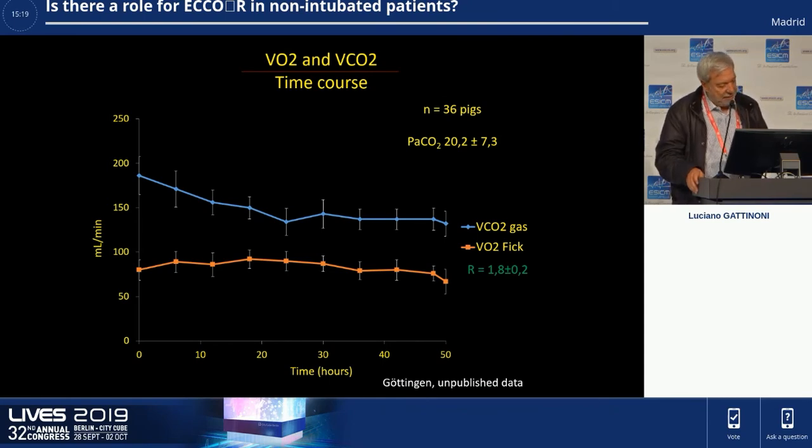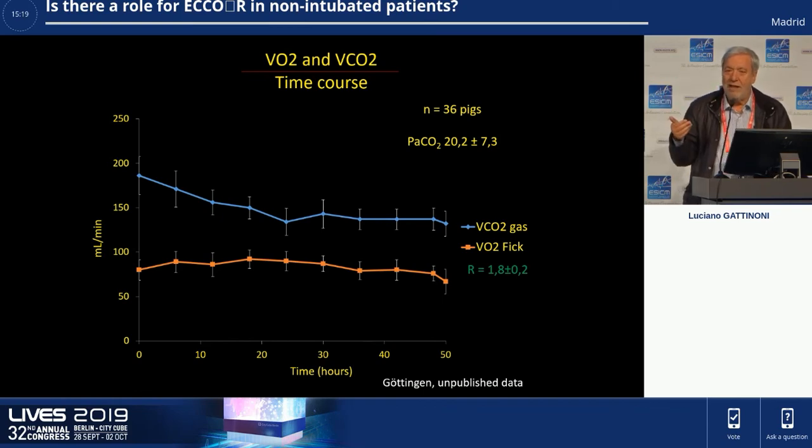And we consistently found that even after 48 hours, the respiratory quotient was 1.2, 1.3, not 0.85, not 1.1, but extremely higher.